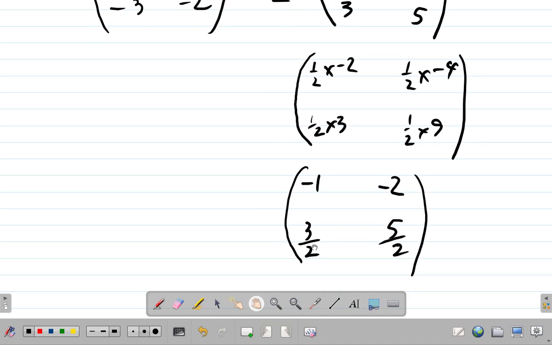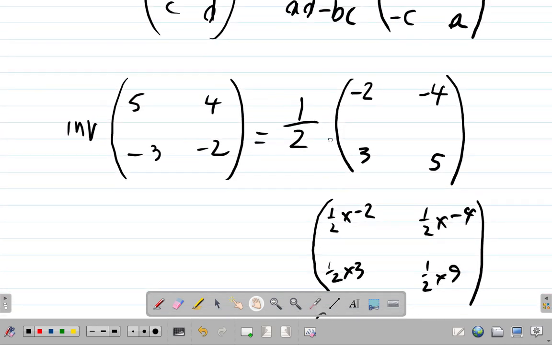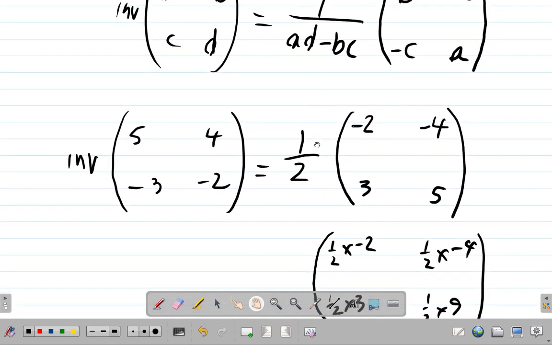In the exam, you don't have the time to test it. But in this video, we have the time to test whether this is really the inverse. When you multiply the inverse of a matrix by the matrix, you will get the unit matrix.